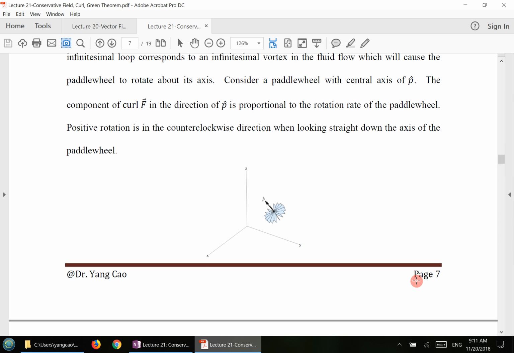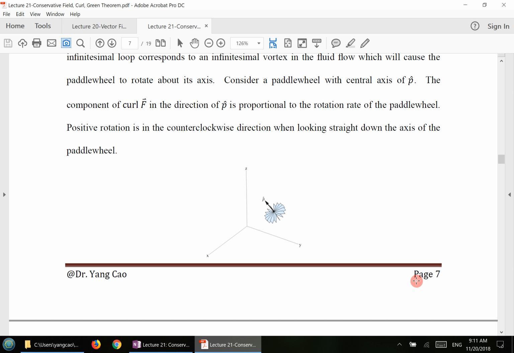I have to hold the paddle wheel and orient it in different directions until I see the paddle wheel start to rotate at the maximum speed. That makes sense, right? But as you're doing this, you probably observe the paddle wheel rotates at different speeds. There's one orientation for sure where the paddle wheel will actually not rotate. Does that make sense?